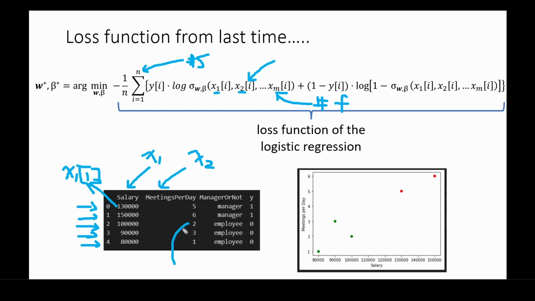This meetings per day 2 is feature number 2 from employee number 3. This y is basically just the true output. If the employee is a manager, it is equal to 1, and if the employee is just a regular employee, then it is equal to 0.